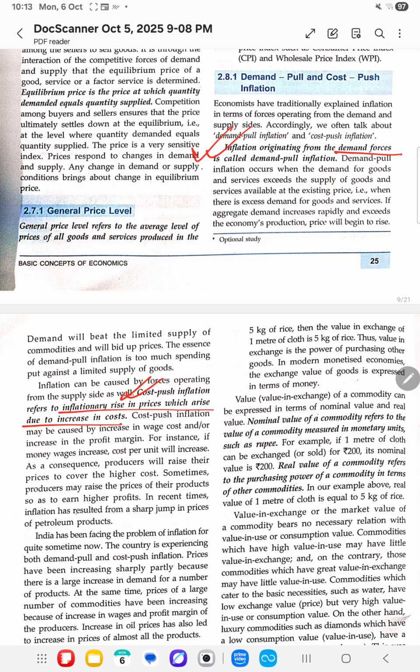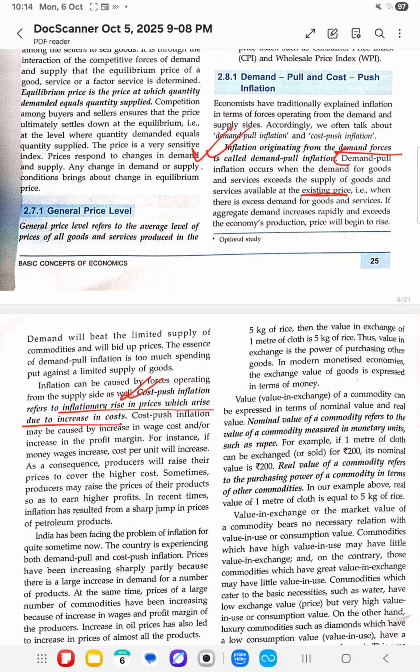Demand pull inflation arises when the demand for goods and services exceeds the supply of those goods and services at the existing price. When suddenly demand for a commodity increases and the supply is not enough to satisfy it, the suppliers or producers will increase the price, so that only those people who can afford it are able to meet the demand.